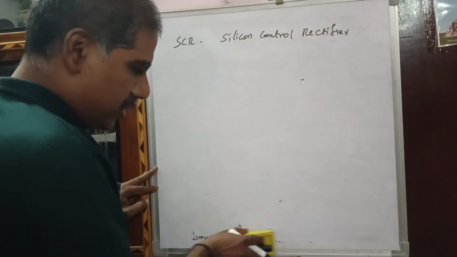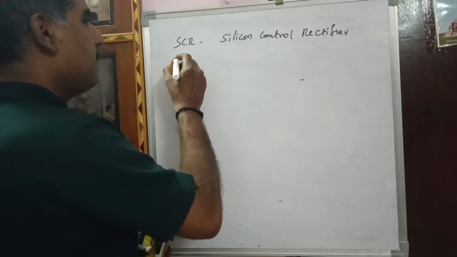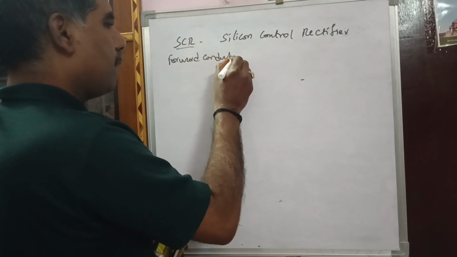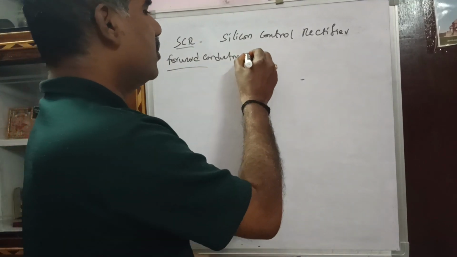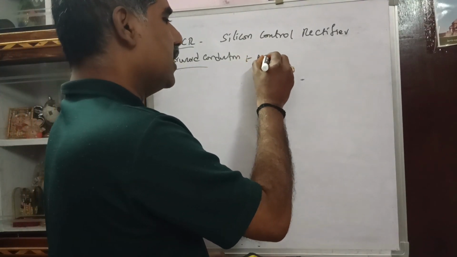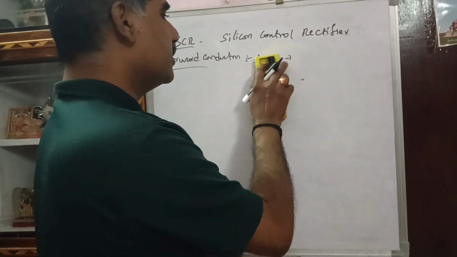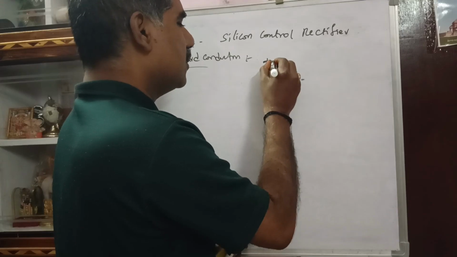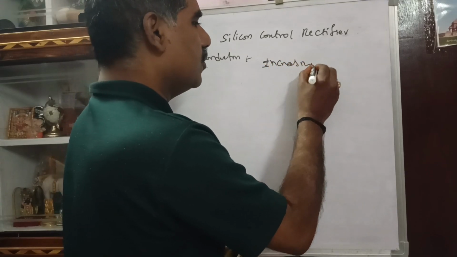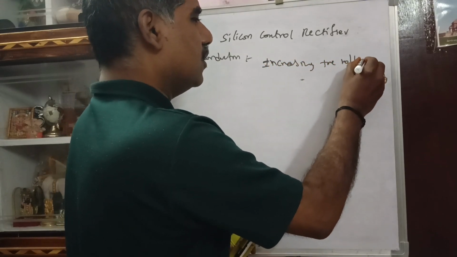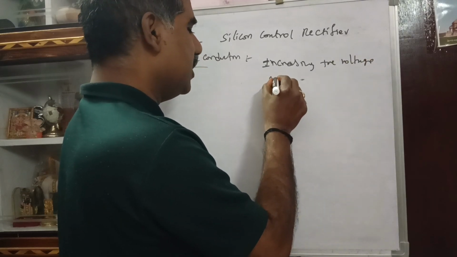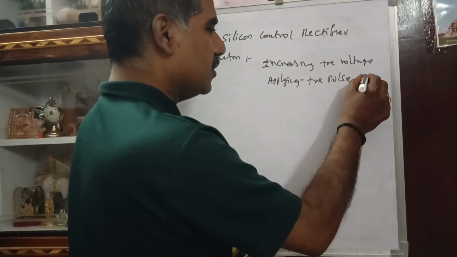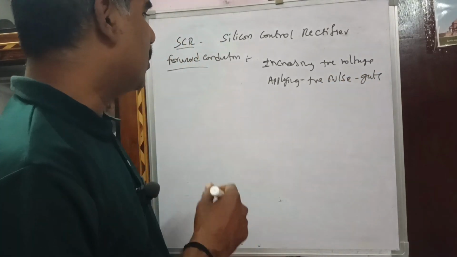In forward conduction, we apply a positive voltage to the anode, that is, we increase the positive voltage, or we simply apply a positive pulse to the gate terminal. These two methods are used in forward conduction.